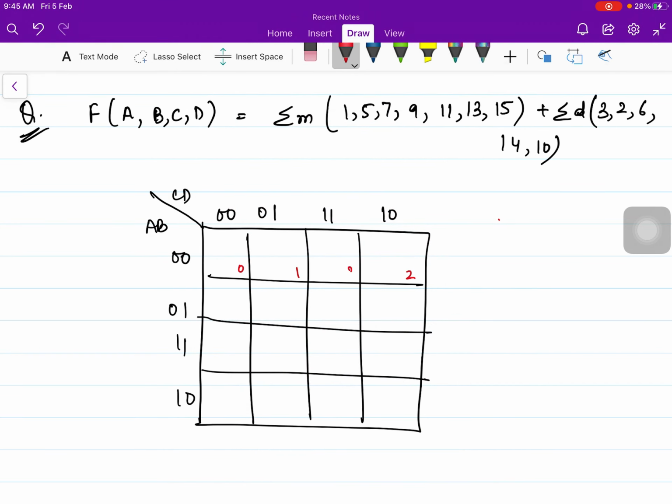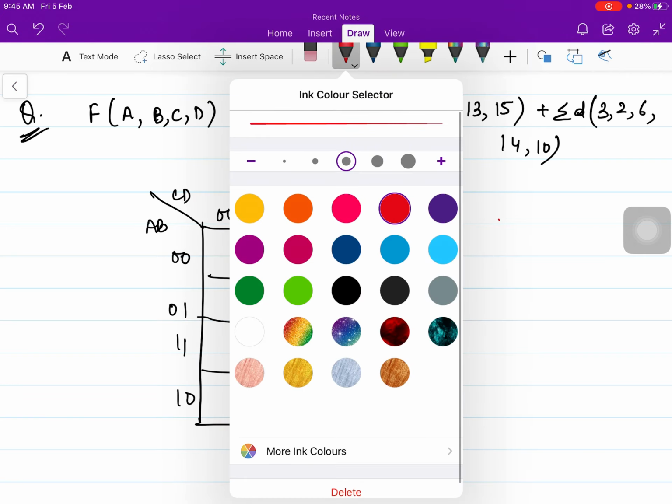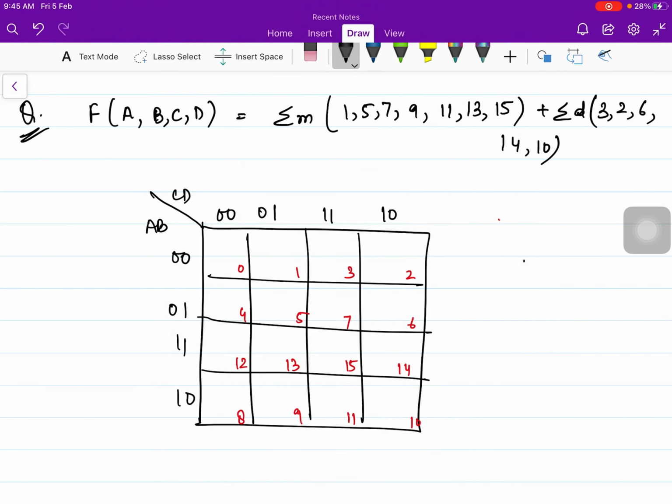Let's give the numbering. Let's insert ones: 1, 5, 7, 9, 11, 13, 15. Don't care 3, 2, 6, 14 and 10.